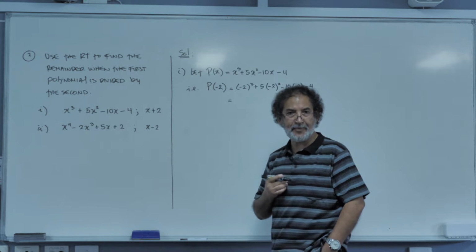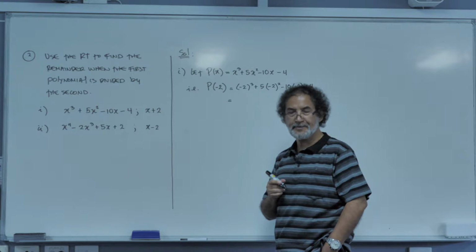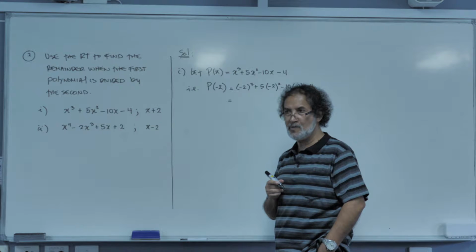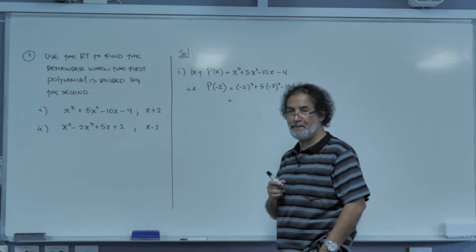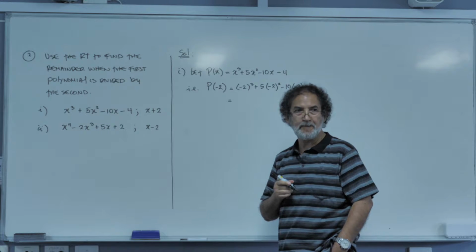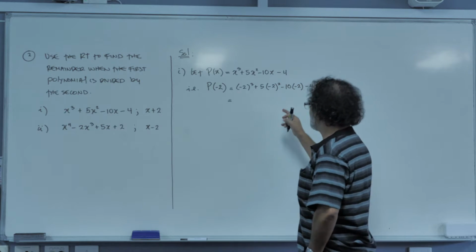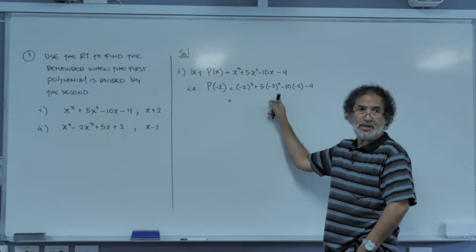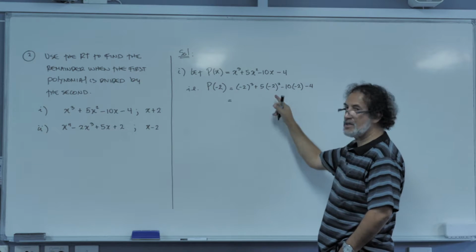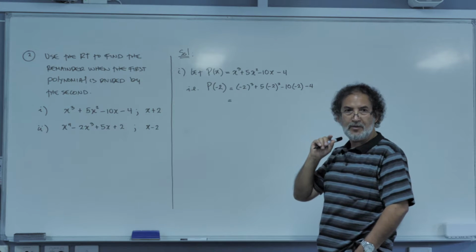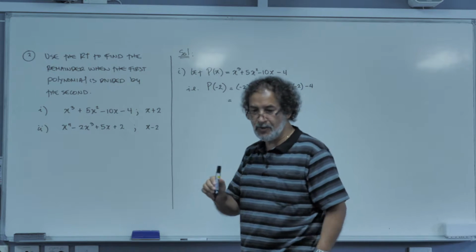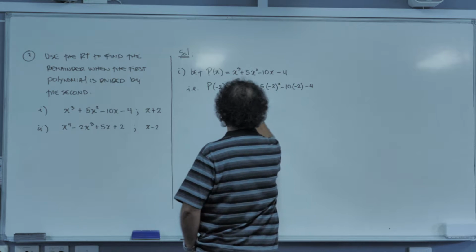Anyone? What's the answer? Is 5 times -2 squared just positive 20, or negative? Anything that is squared is positive. So this is going to be positive 20. So the answer is 28. All right, 28.